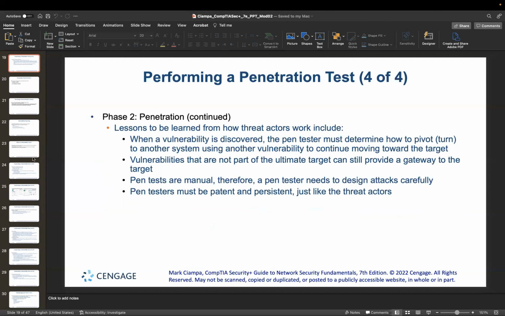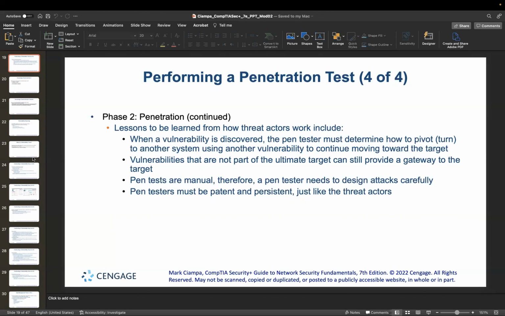So there are some lessons to be learned from how threat actors work after the pen tester tries to compromise that. When a vulnerability is discovered, the pen tester must determine how to pivot or turn to another system. And this is exactly what I'm calling lateral movement or movement in depth, right? Using another vulnerability to continue moving towards the target.